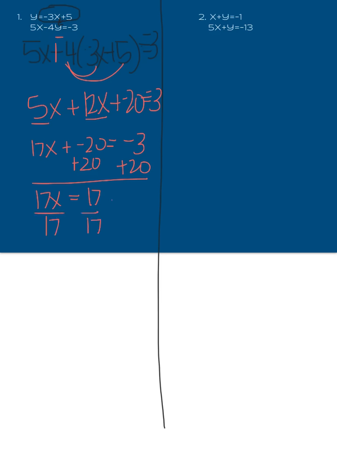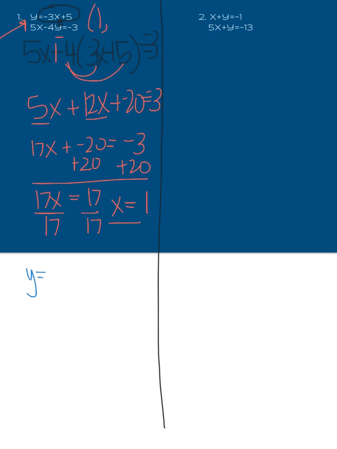Divide by 17, so x equals 1. But remember from the other day, our answer is an ordered pair. So I have part of my ordered pair. I have 1. Now I need to figure out the y. So I'm going to go back to my equation that I circled, and I'm going to replace x with 1 because I know what x equals.